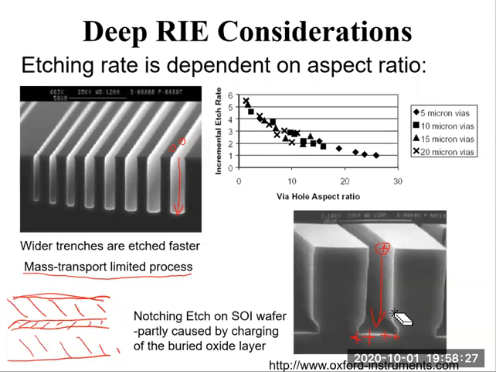But because of this charging, the incoming ions can be pushed to the corner, removing the sidewall protection in that area. So this allows the etching to etch the corner, causing this notching phenomenon.